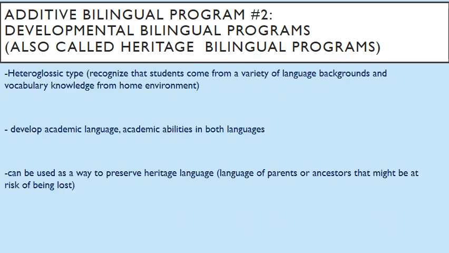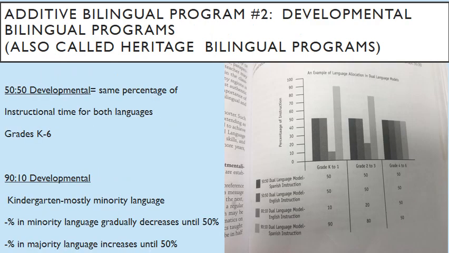Similar to two-way dual language programs, developmental bilingual programs often take 2 different forms. So there's 50-50 developmental bilingual programs, and this would be where students, the English language learners, would be having the same percentage of their instruction from starting in kindergarten all the way to whenever they leave the developmental bilingual program, at least 6th grade or later.